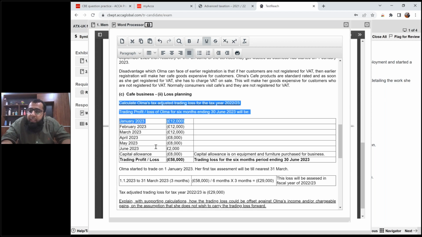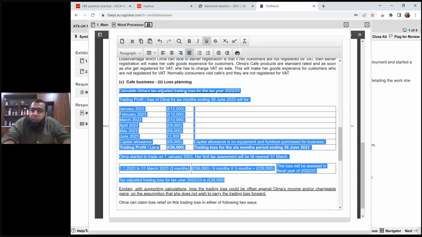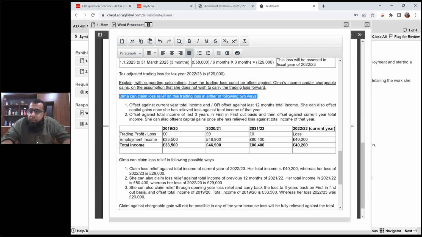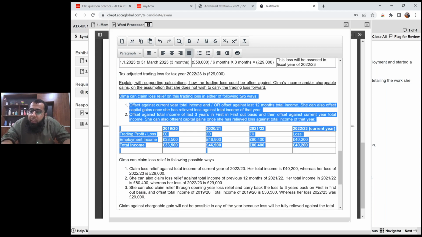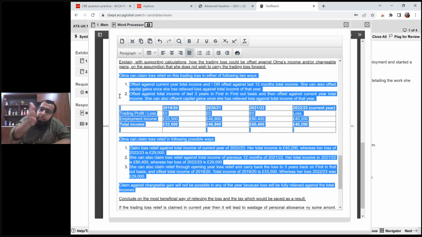First, we calculated the accounting period profit, and then we applied the basis period calculation till the nearest 31st March. Then the options for the relief of the loss. We made a format and we made the options: current year, carry back last 12 months, or go back 3 years.